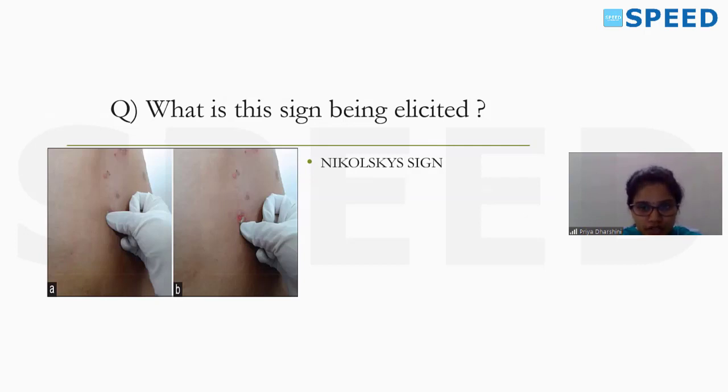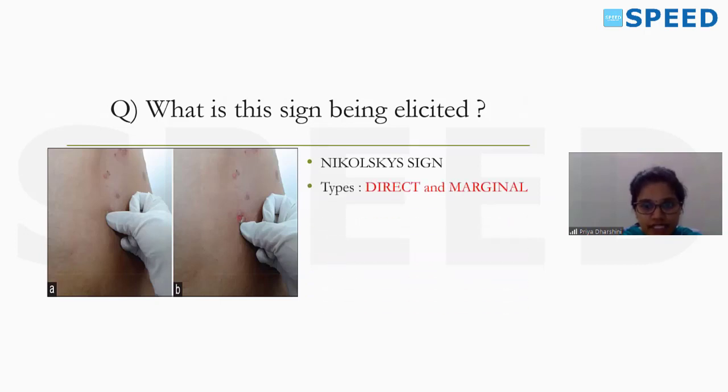In subepidermal bullous disorders, as I told earlier, the split is below the level of the epidermis, between the epidermis and the dermis. So you won't see the Nikolsky sign positive in such conditions. This is a very important clinical sign used to differentiate an intraepidermal bullous disorder from a subepidermal bullous disorder.